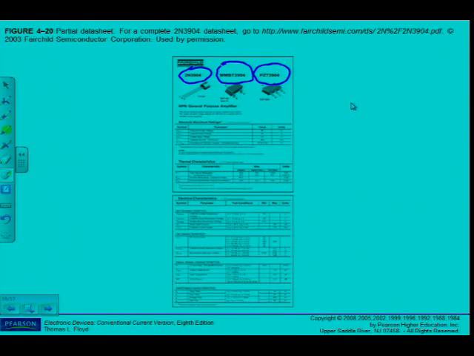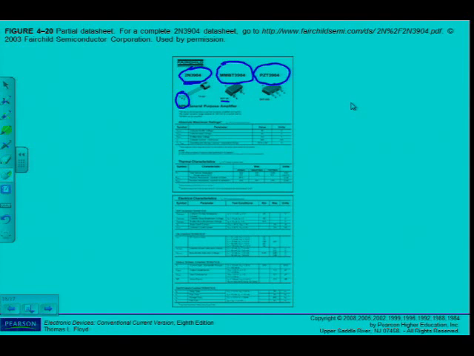So I can see here, for instance, for the 2N3904 specifically, the transistor normally has a flat on one side, or there's some marking which will be indicated on the picture. If I hold it in this fashion, with the flat part at the bottom, I can see that it indicates, starting from the left, what the terminals are called: collector, base, emitter, and so forth.